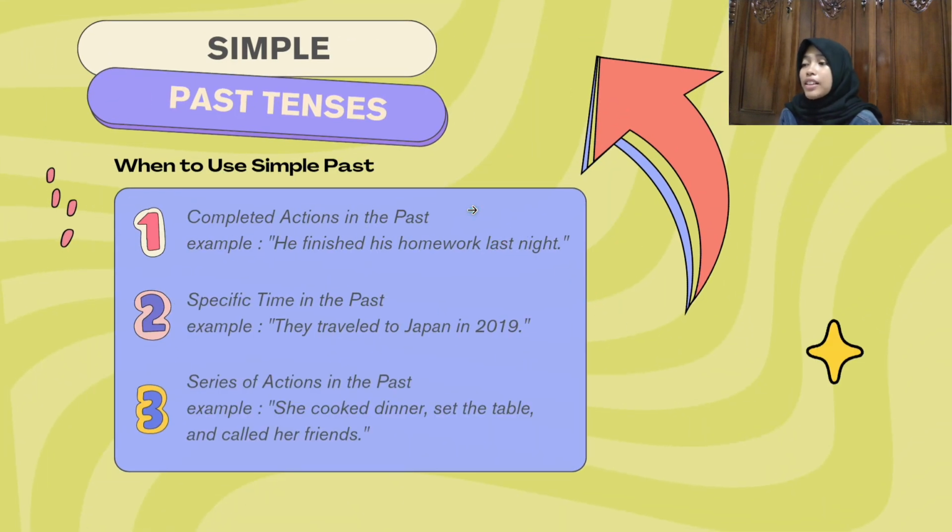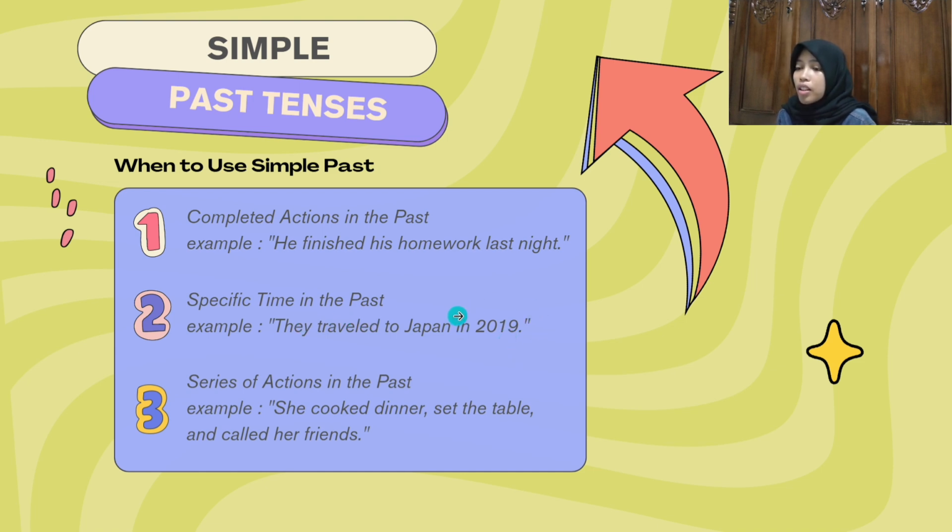In simple past tense, we can use simple past for completed actions in the past. Example: he finished his homework last night. And then for a specific time in the past, example: they traveled to Japan in 2019.